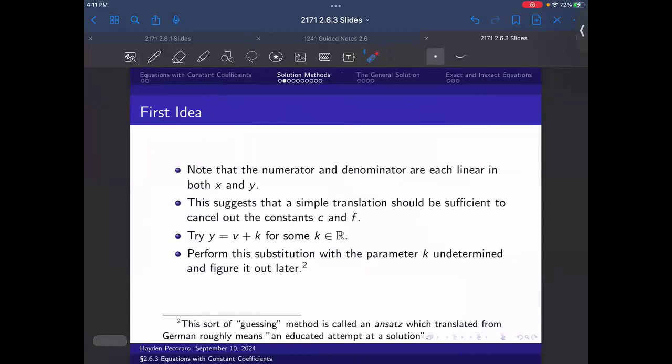While we're working through this, the numerator and denominator are linear in both x and y. So let's rewrite that differential equation up here. dy/dx equals (7x minus 9y plus 13) over (x minus y minus 5).